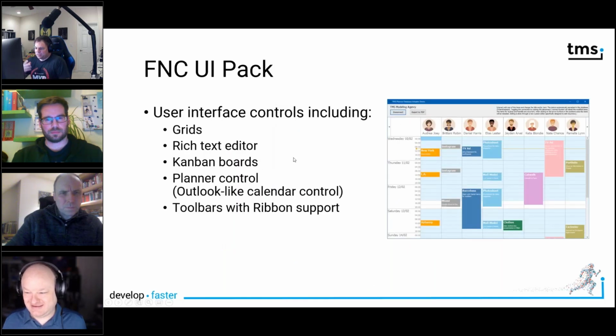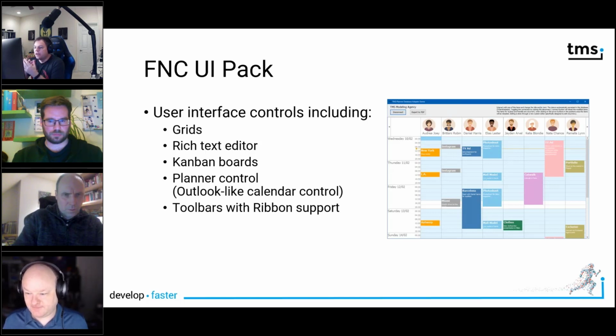So, and this is where you can really go into all the different packages that are available for FNC. And the most visual one is the FNC UI Pack, because it includes visual controls that you see.